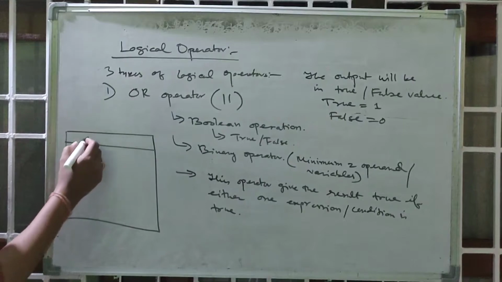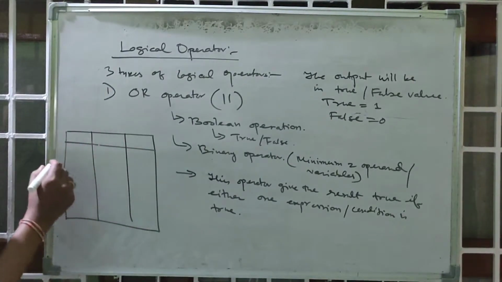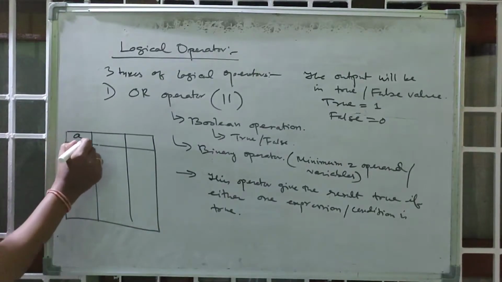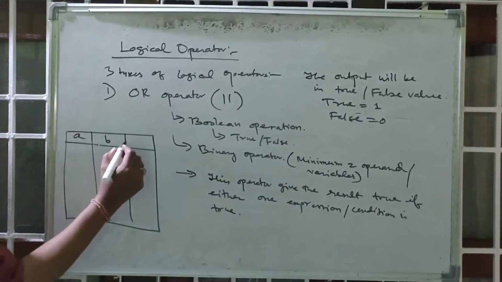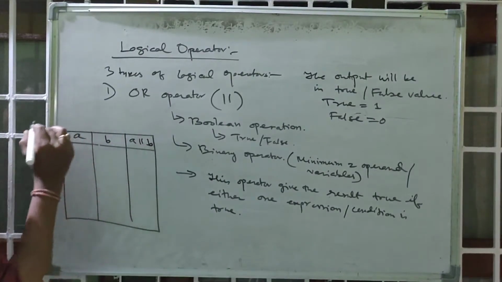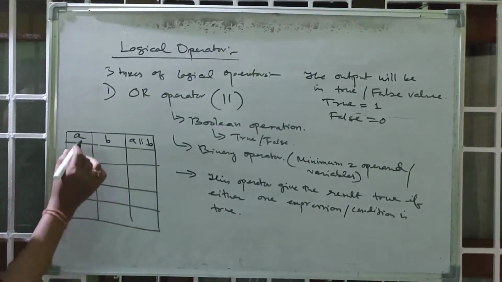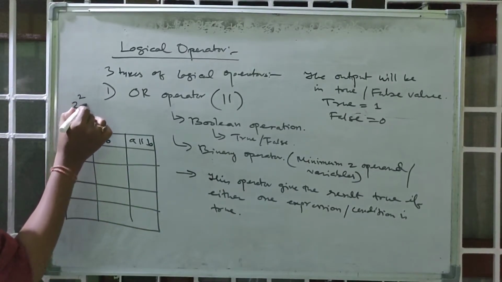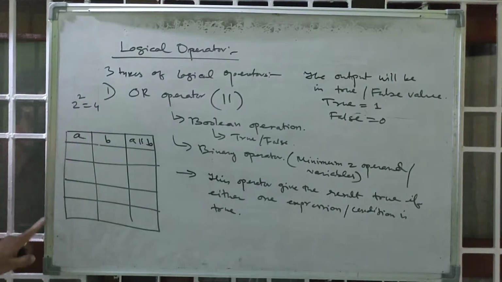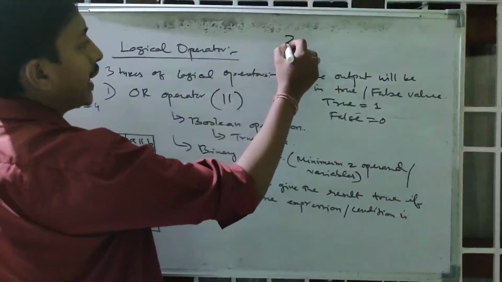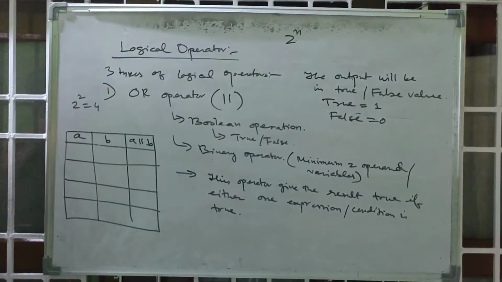Okay, here you can see there is a truth table. This truth table has two variables, A and B, and the last one is the result, A or B. There are two variables, so that's why it will give four possibilities. 2 to the power n is the formula for creating a truth table.